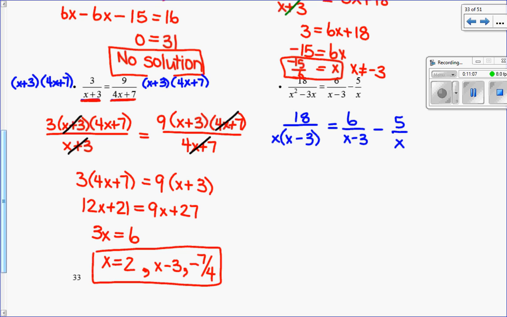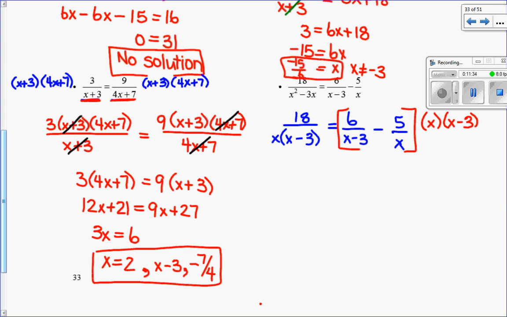Okay, now my common denominator, I can see at a glance, is going to be x times x minus 3. Okay, so I'm going to multiply both sides by that. So this side I'm going to multiply by x times x minus 3, and I'm going to multiply that by this whole side here.